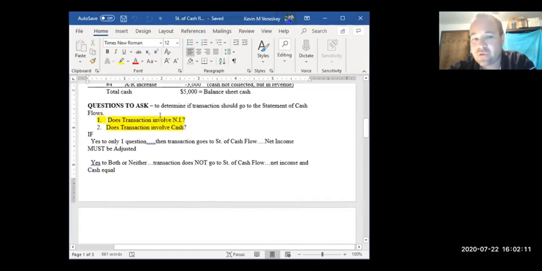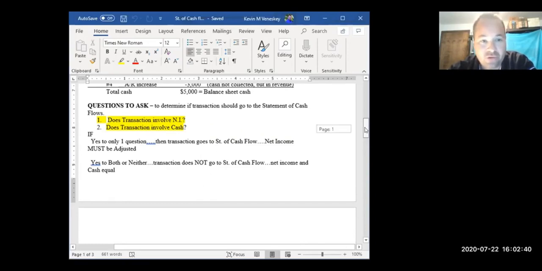Then once you've asked these two questions and you have yes or no answers, you've got to have a little answer key that tells you what to do with that. So if only one of the two questions, it doesn't matter which one, had yes as the answer, then the item goes on the statement of cash flows. If both of them had yes or neither of them had yes, then it does not go on the statement of cash flows.